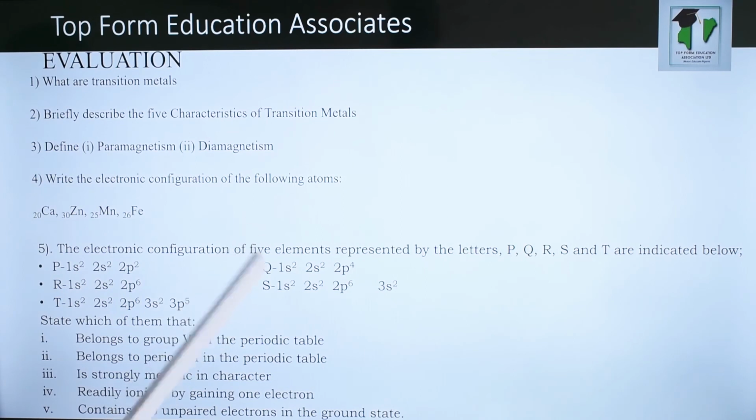And S, 1s2, 2s2, 2p6, 3s2. State which of them I belongs to group 6 in the periodic table, II belongs to period 3 in the periodic table, III is strongly metallic in character, IV readily ionizes by gaining 1 electron, V contains 2 unpaired electrons in the ground state.